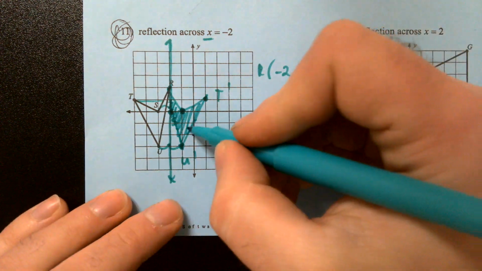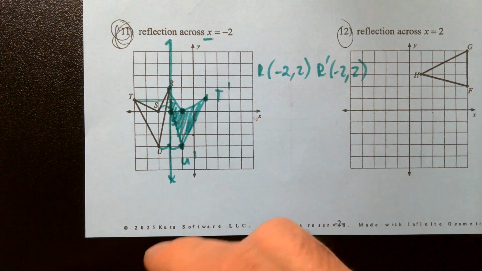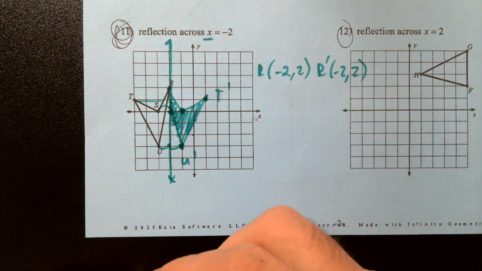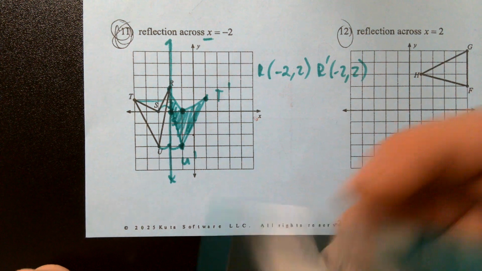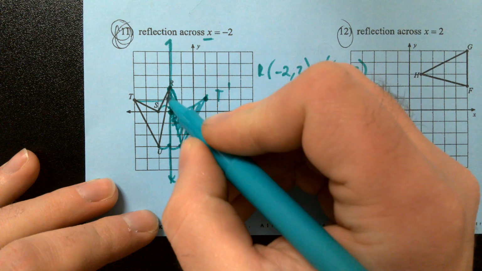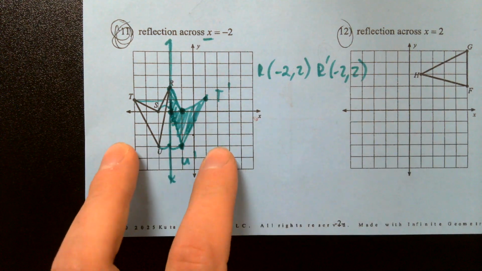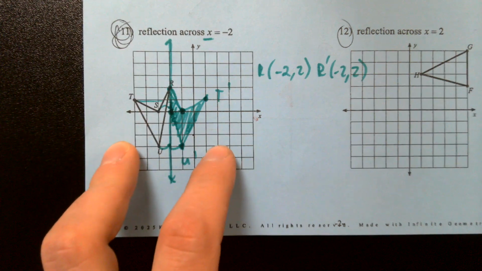There's my little shape reflected across that y-axis. No, not the y-axis, sorry. Along x equals -2. Why does it look funny? I wasn't supposed to shade part of that, but that's okay. In general, that's what we should have there for number 11.